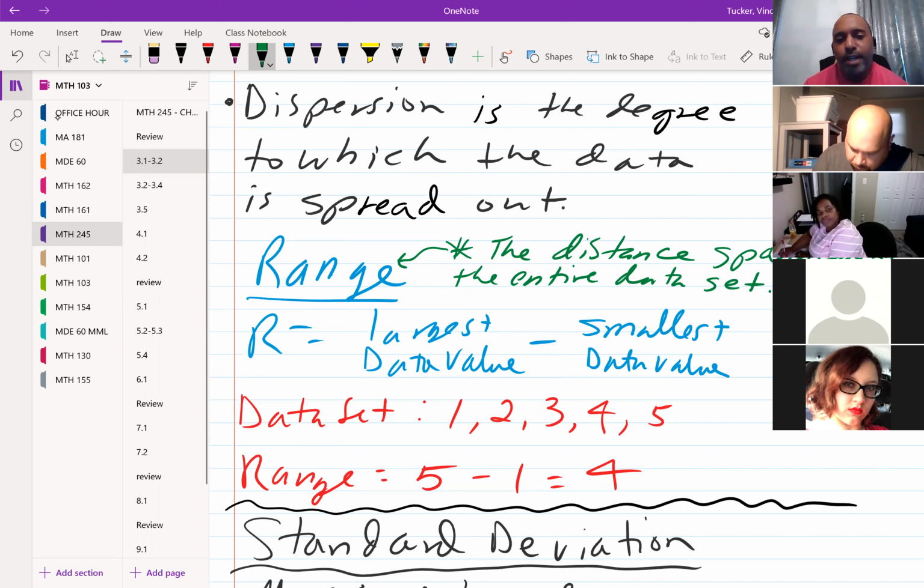Range is an easy calculation. You just take the largest data value, then subtract your smallest data value.